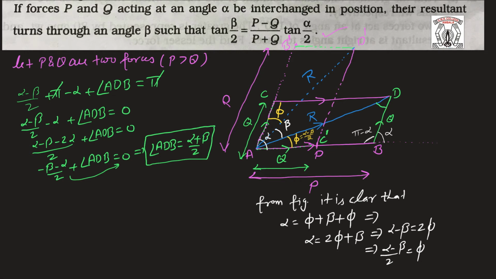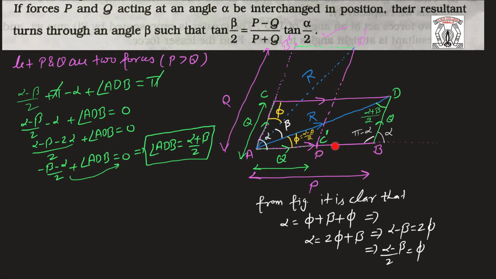So this angle will be nothing but alpha plus beta by 2. Now applying the sine law in triangle ADB.